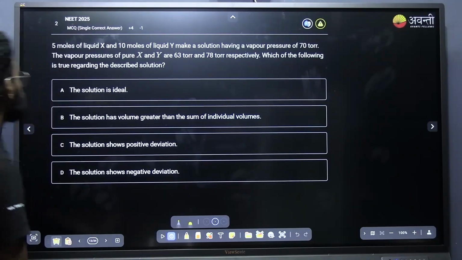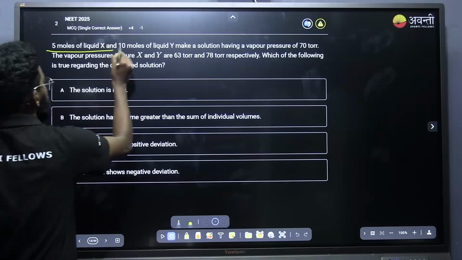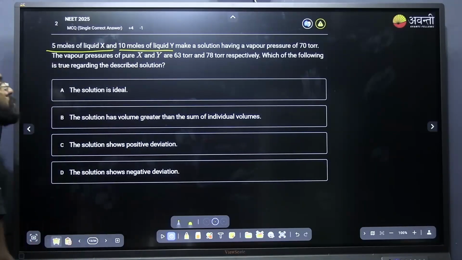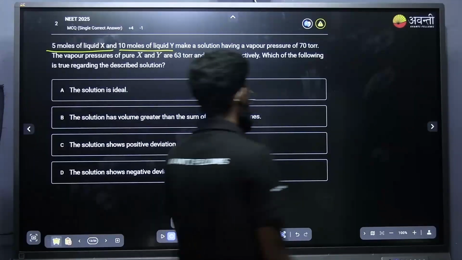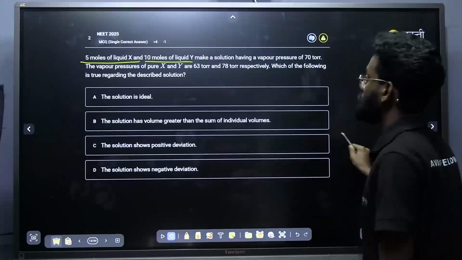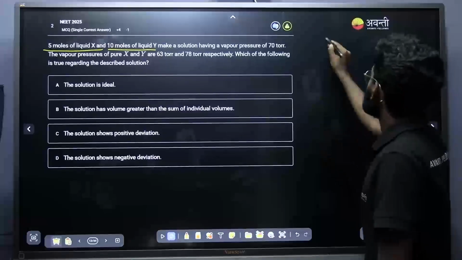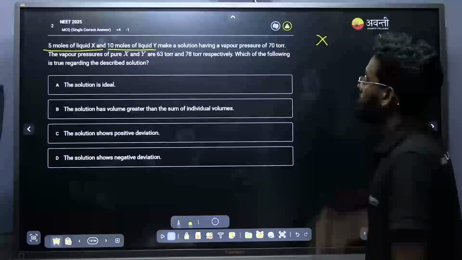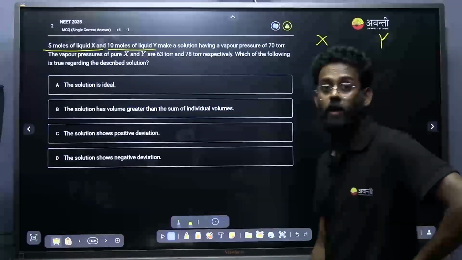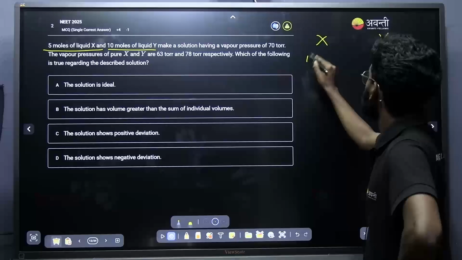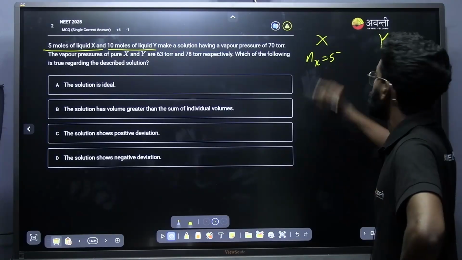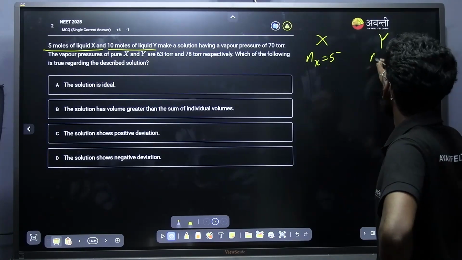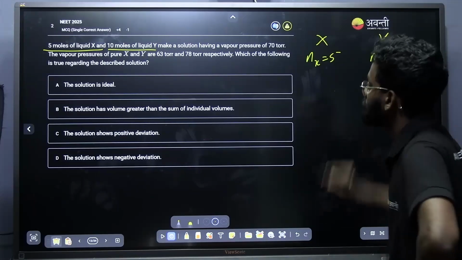5 moles of liquid X and 10 moles of liquid Y make a solution. Here I am taking two liquids, first one is X, another one is Y. 5 moles of liquid X, that is number of moles of X, NX, I can take as 5, and 10 moles of liquid Y, NY, equal to 10.